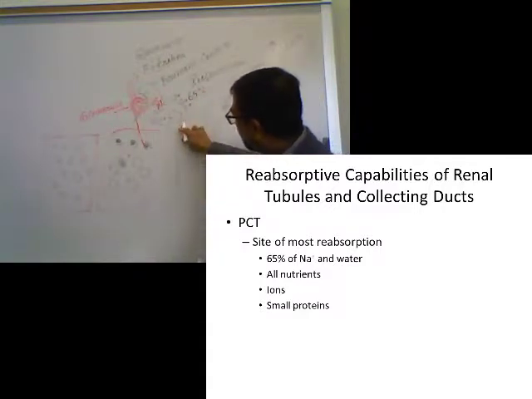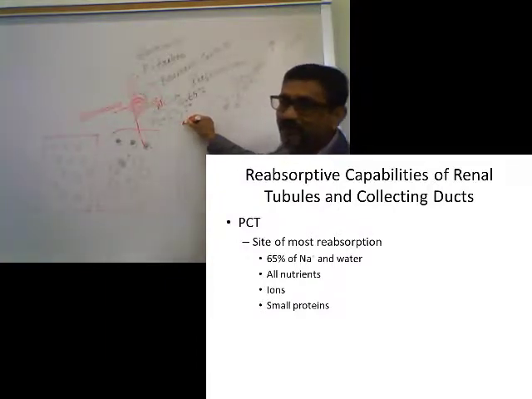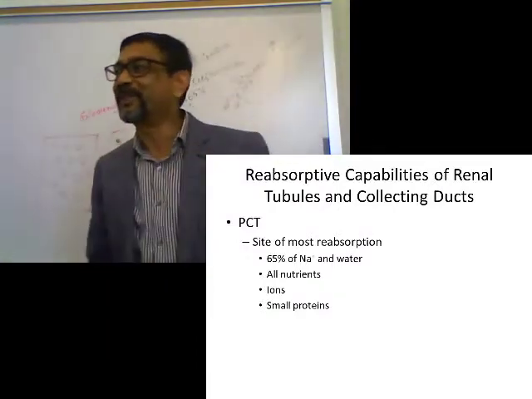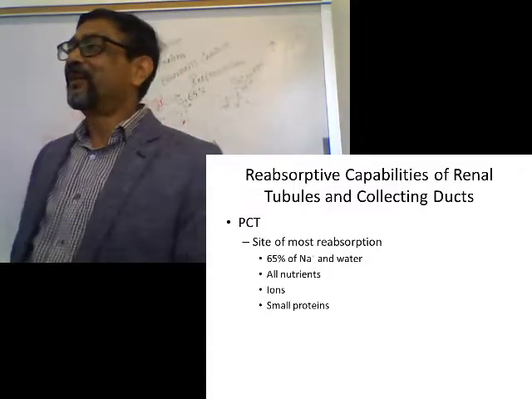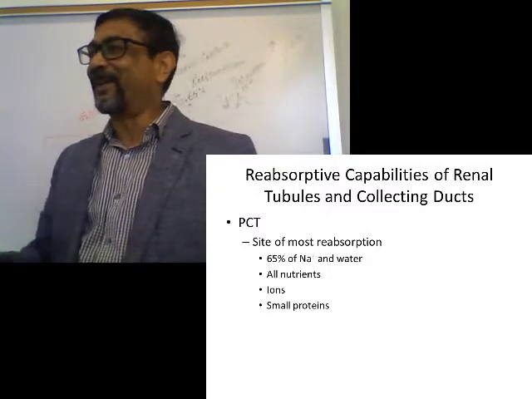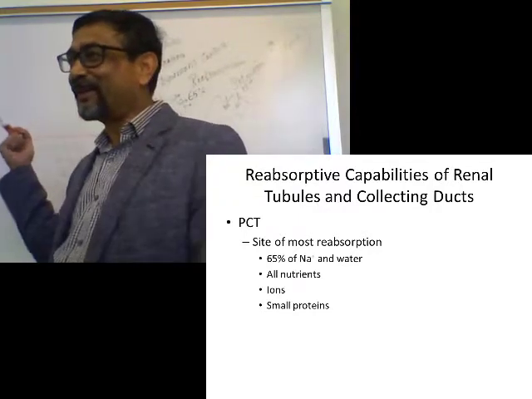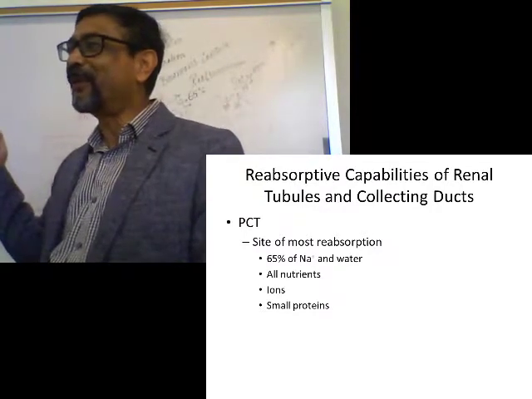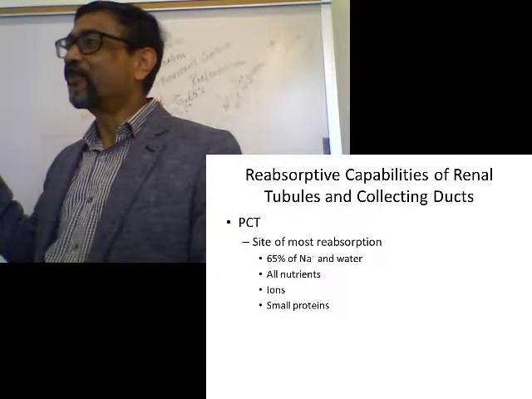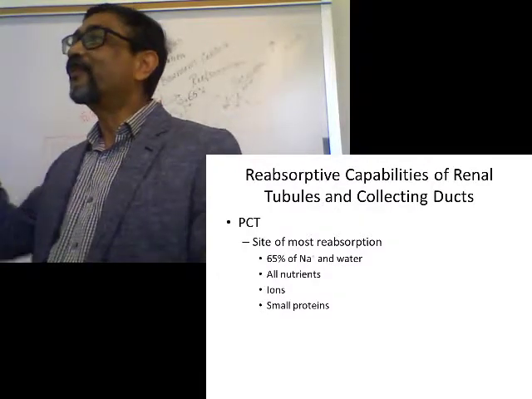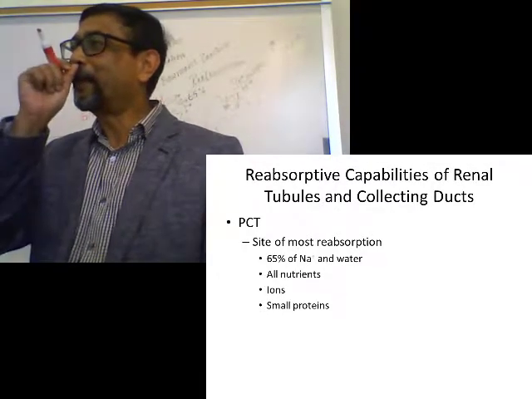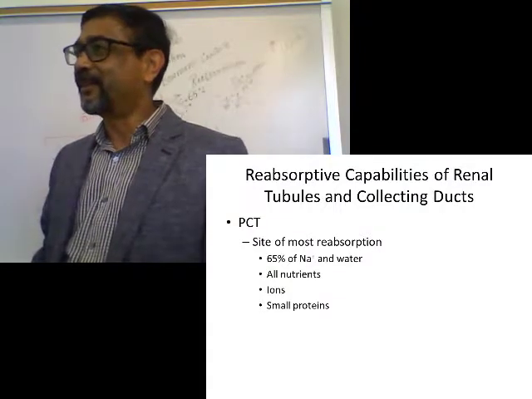Then when the fluid arrives here at the end of the proximal convoluted tubule, what will be the volume? Very simple question. You have $100, okay? If I take $65 from you, how much do you have left? 35, right? Is it a difficult question?